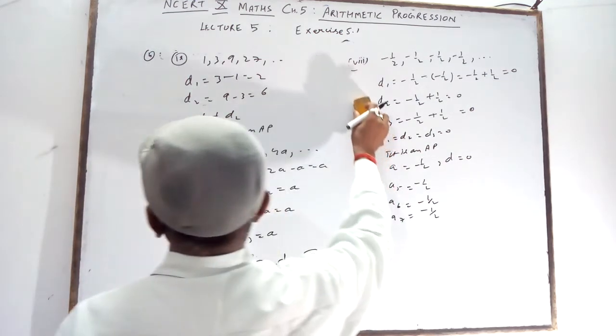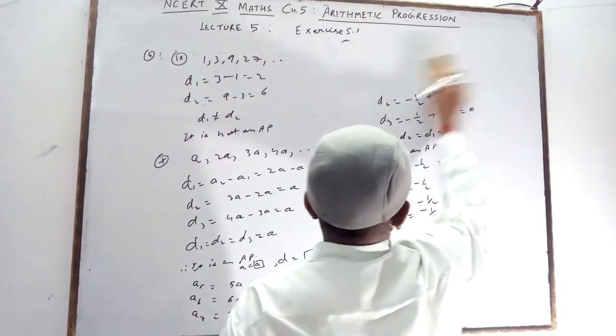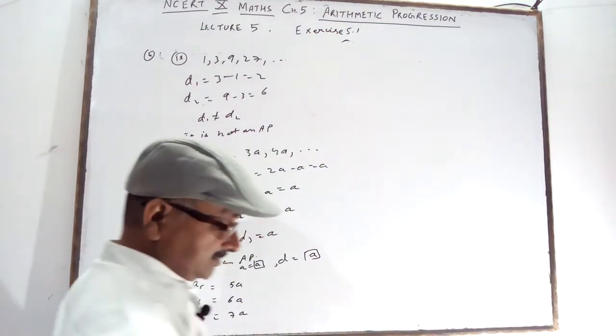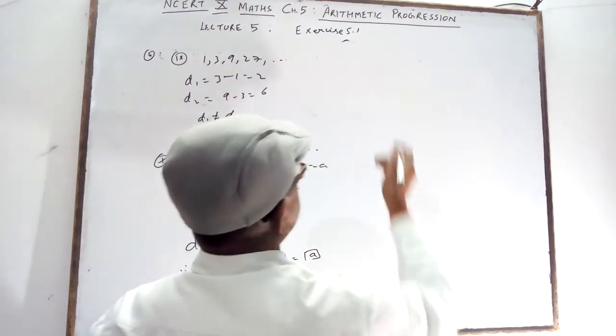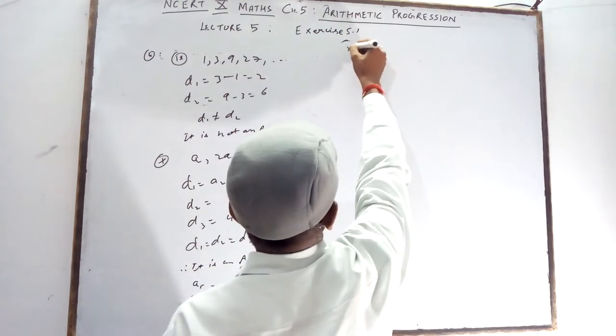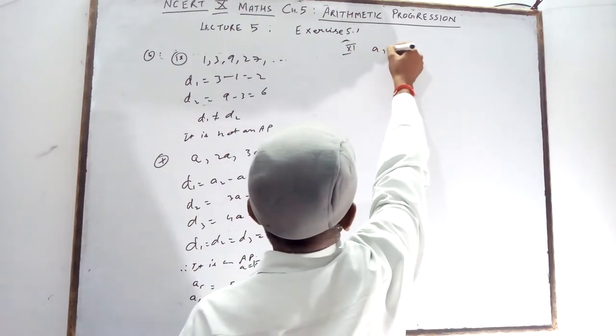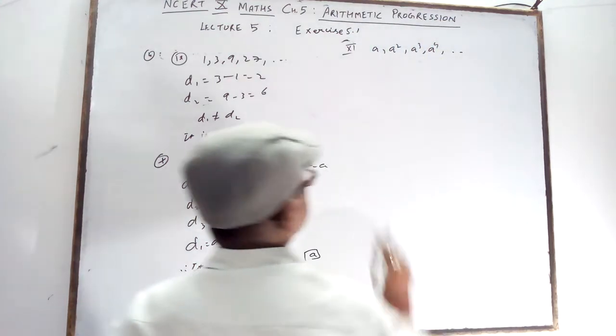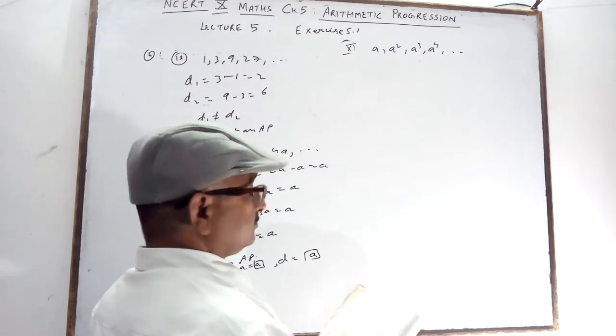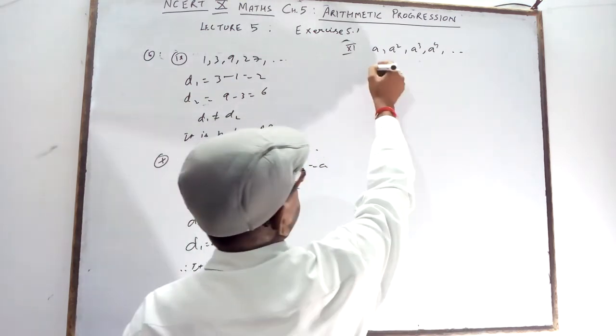Question number 11, 11th part of this: a square, a cube, a power 4, and so on. What is D1?